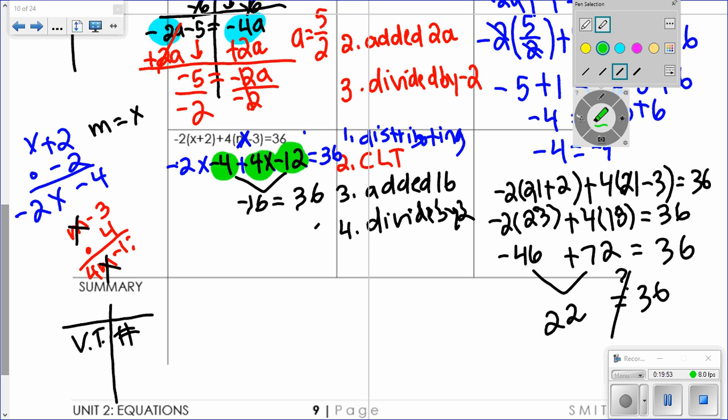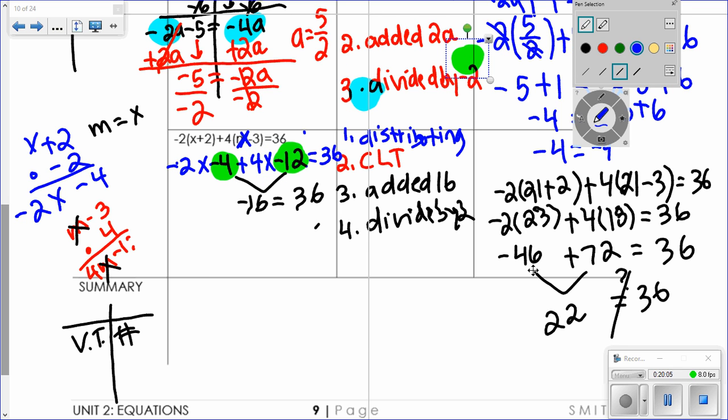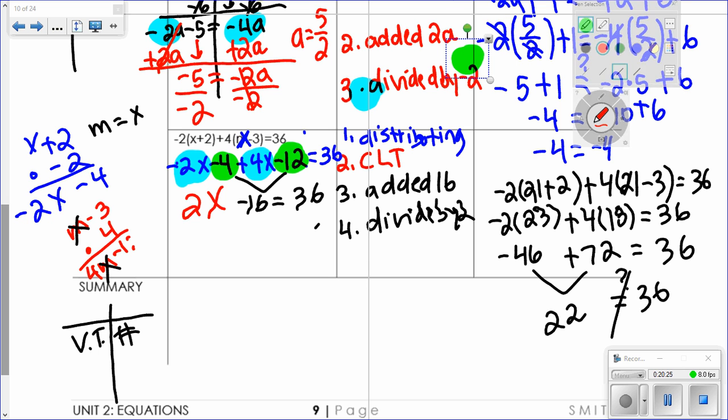Let me get a different color here, guys. 4x and negative 2x, combine those like terms, we get 2x's. Okay? So now we're going to add 16 to both sides, following the steps.